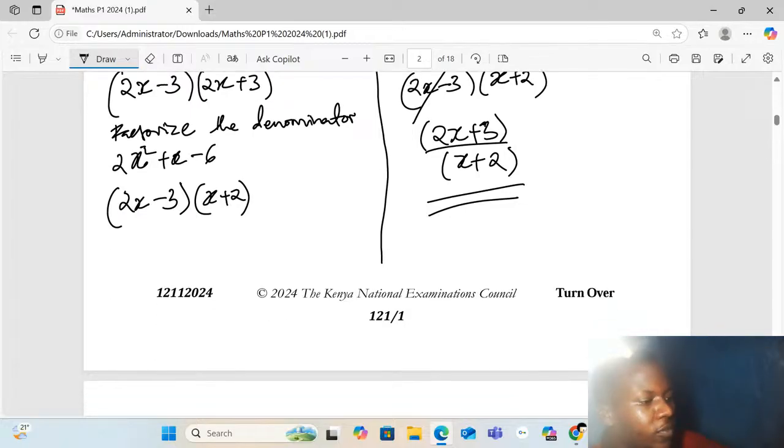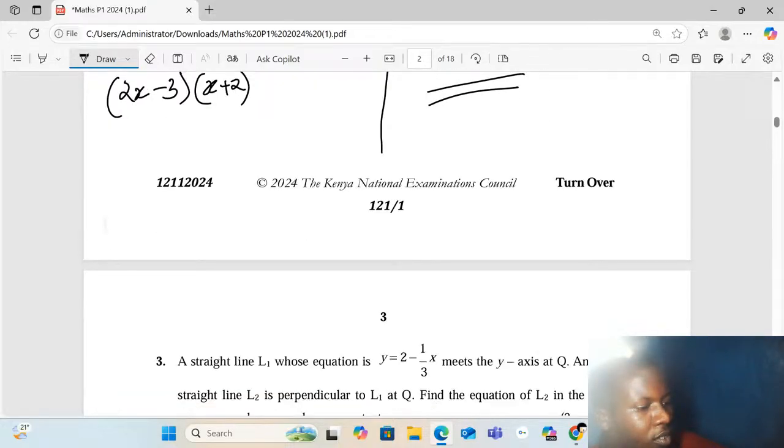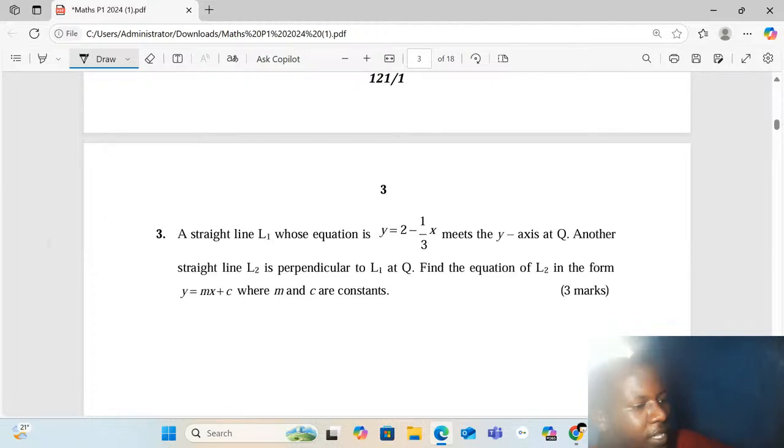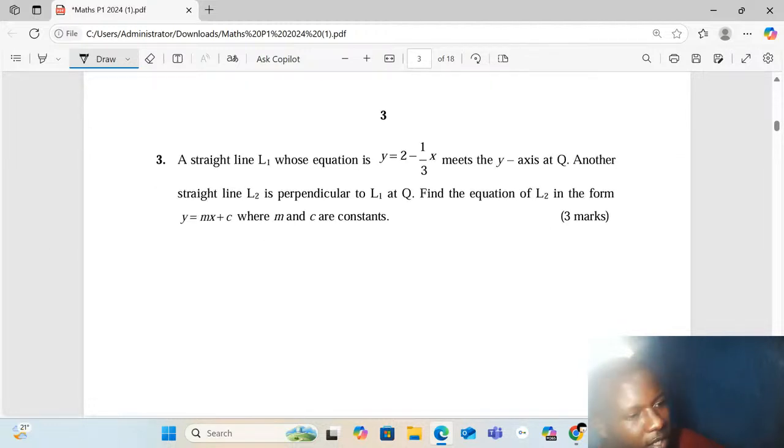Now let's move to question number 3. This is on equations of straight lines.